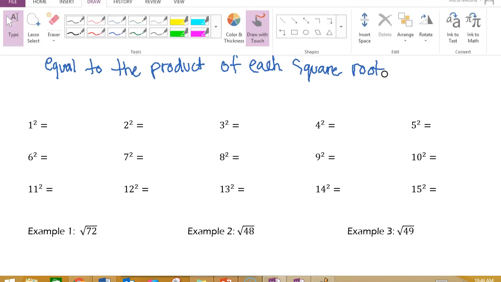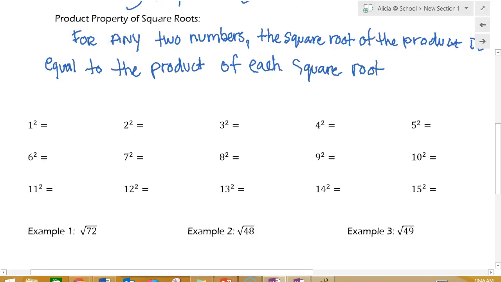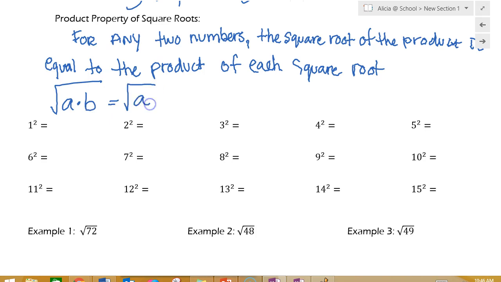So what does that mean? Well, if they have the same root number, for example if I have the square root and I have a times b underneath my radical, I can separate them into the square root of a times the square root of b. Likewise, if they have the same root number, I can combine them later if I need to be under one radical.